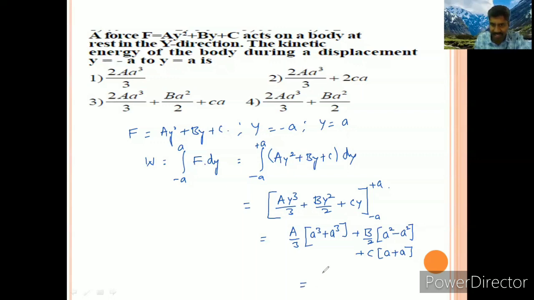So a by 3 times 2 a cube, plus 2ac. So this is the correct answer. So which option is there? The fourth, no, the second option is the correct one.